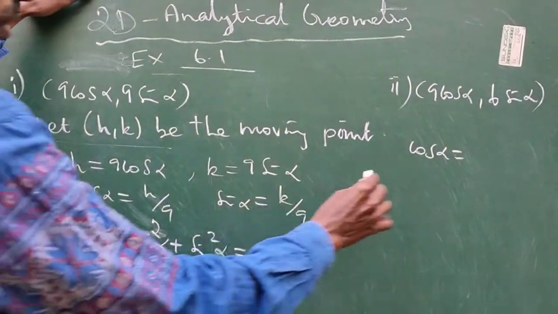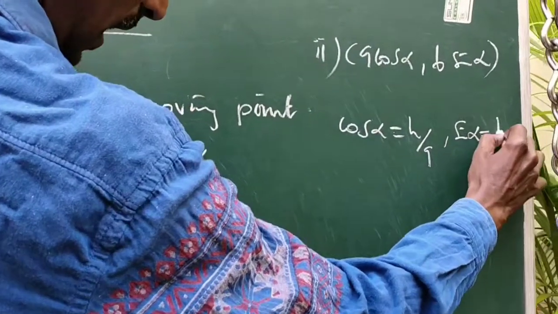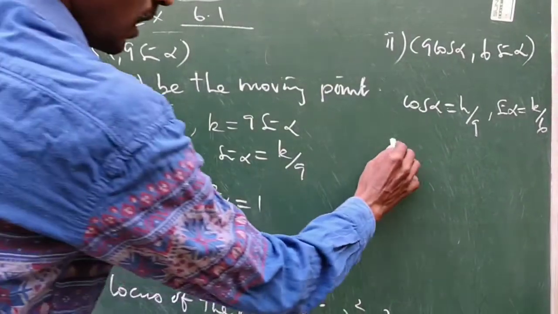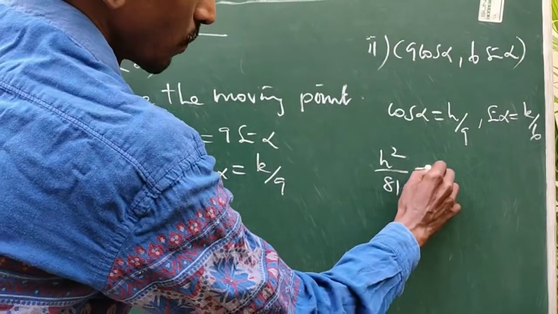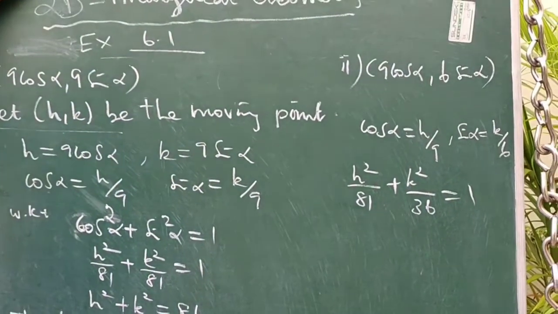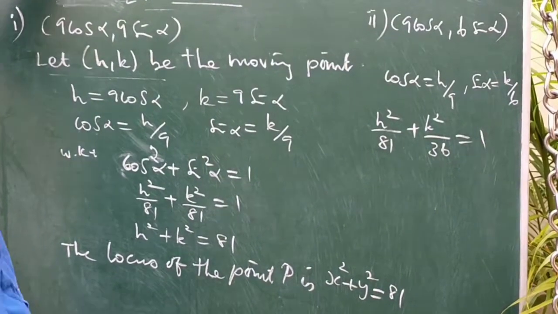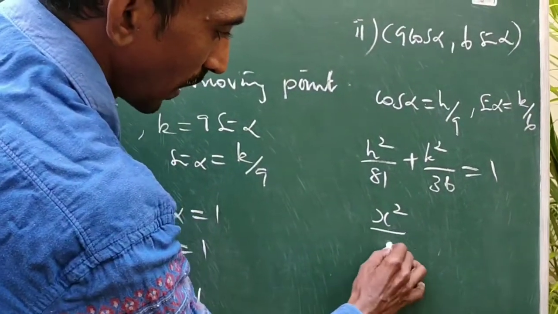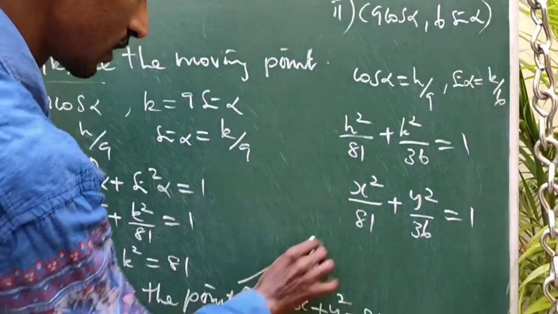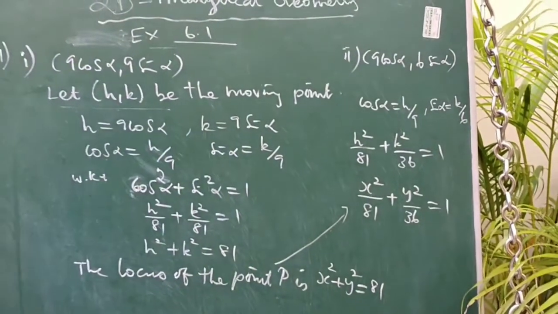So cos alpha equals h by 9, sin alpha equals k by 6, and as usual, squaring and adding, h square by 81 plus k square by 36 equals 1. Again we need to write the locus of the point P. Replace h by x and k by y. We get x square by 81 plus y square by 36 equals 1. This is the locus of the point for the second subdivision. I think it is an ellipse.